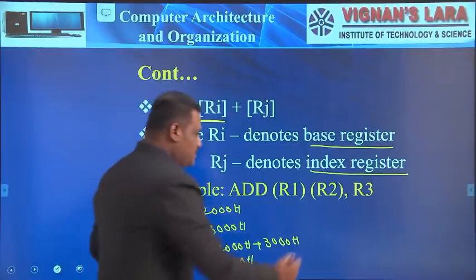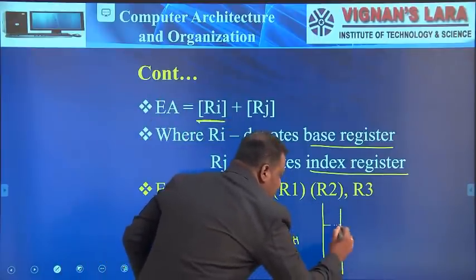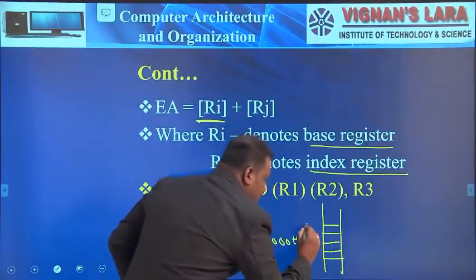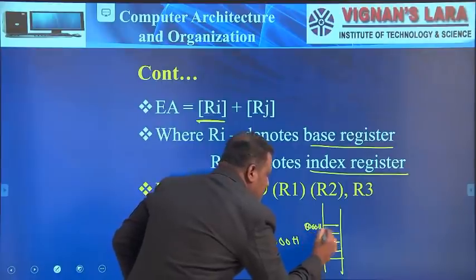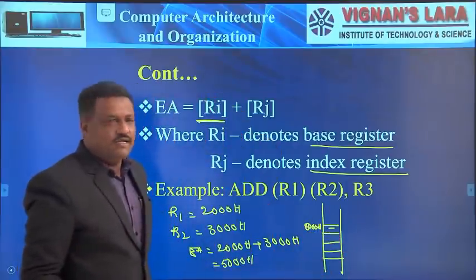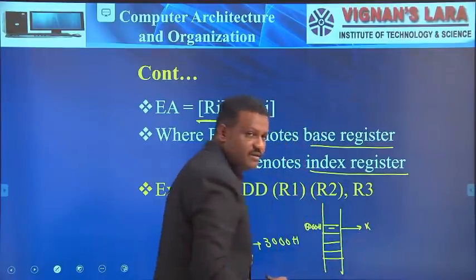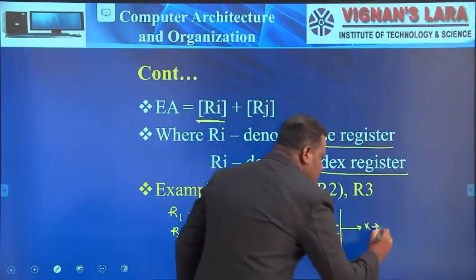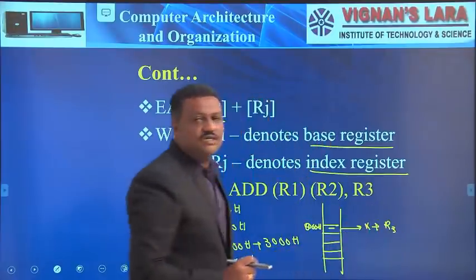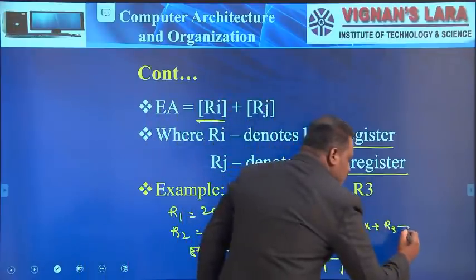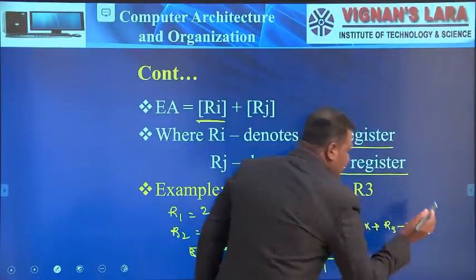Now I go and access the memory location whose address is 5000H. That data, which I am assuming is some value x, is added to the CPU register R3, and then the result is copied onto R3 itself.